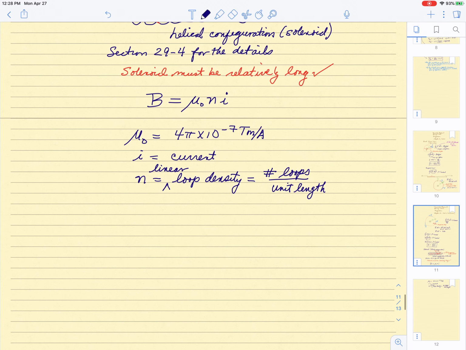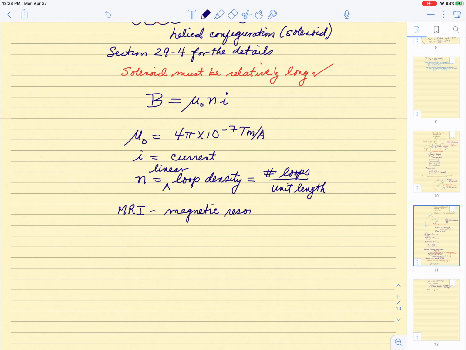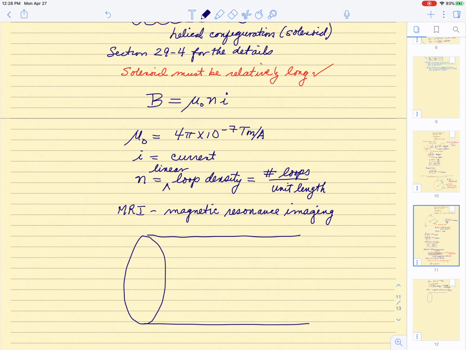Applications-wise, if you've ever taken an MRI, magnetic resonance imaging, imagine this is a large cylindrical MRI instrument, and here you are in the MRI.